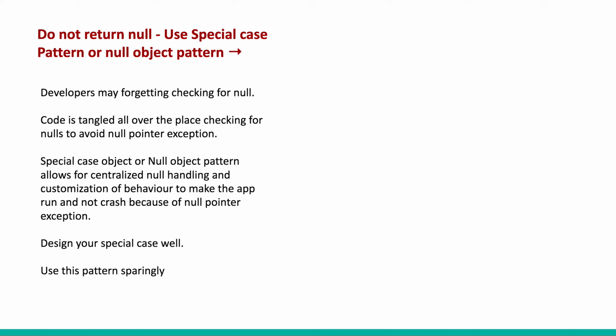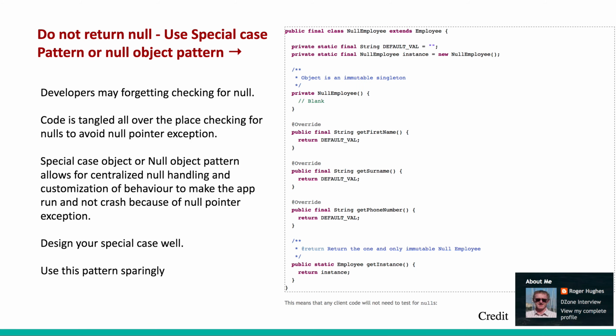Special object patterns could be used, as given in this example by Roger in his blog post. What you do is you create an immutable singleton or null objects which replace the null reference, and it provides a unique way in which you handle nulls.